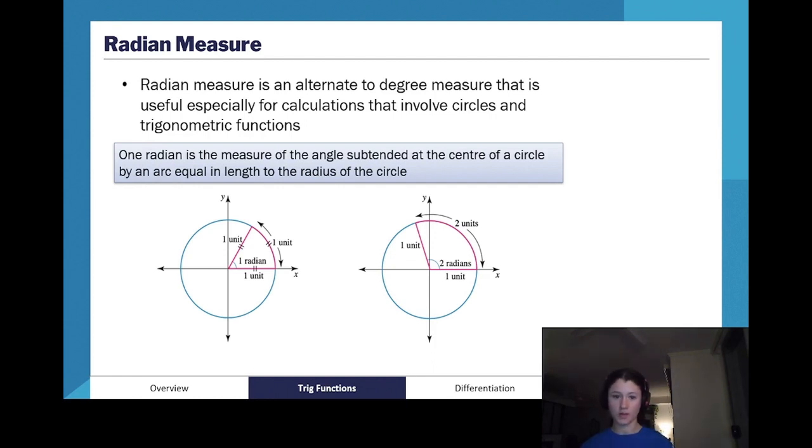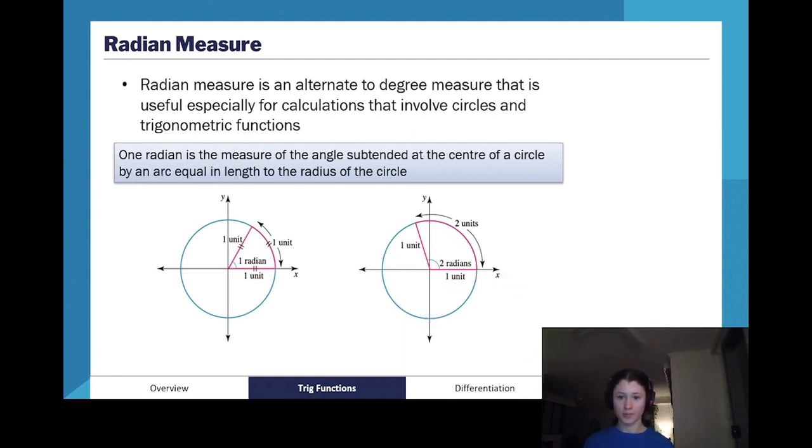As you can see, 1 radian is measured on our circle like this. This is 2 radians and so forth.